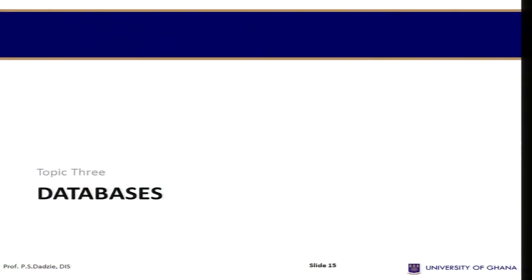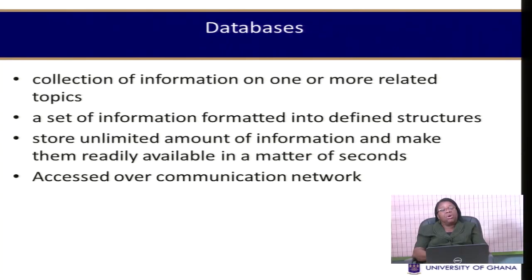And so we come to databases, and this is the most current of our searches. The database is a collection of information on one or more related topics. A database is a set of information formatted into defined structures. So we can have a database of students.